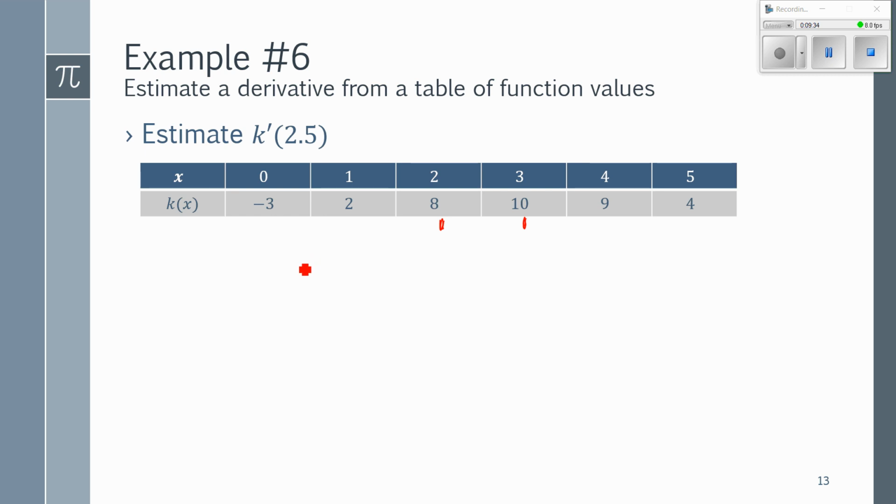So if I find k of 3 minus k of 2 over 3 minus 2, well, that's 10 minus 8 over 3 minus 2, which is 2. This is an estimate for k prime of 2.5, because I found the slope between 2 points and moved them as close to 2.5 as I could.